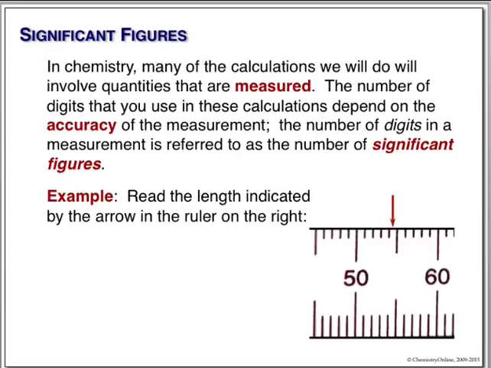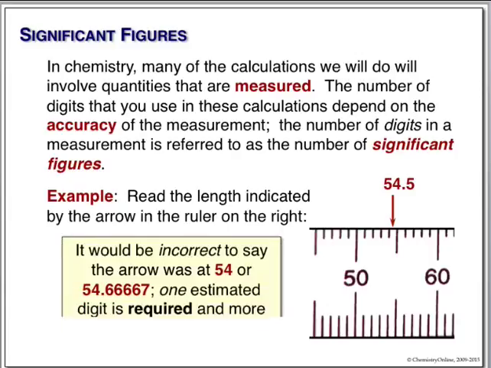Everyone can look at that and say, well, okay, I can do this. There's 50, 55, 54. It's more than 54, isn't it? It's not 55. What is it? Well, it's about 54.5. That looks about like that to me.